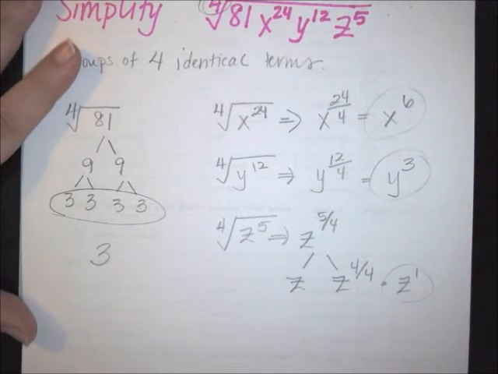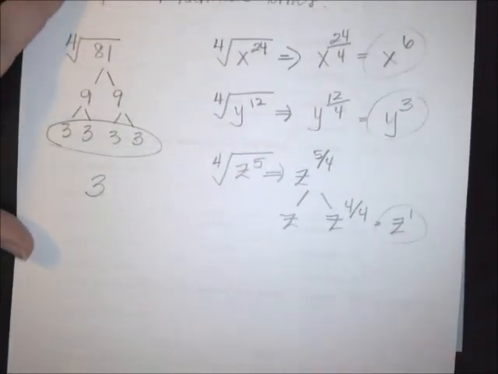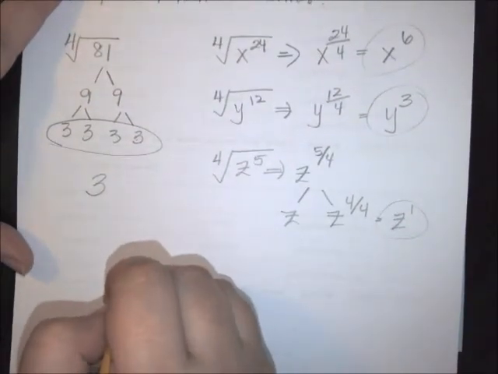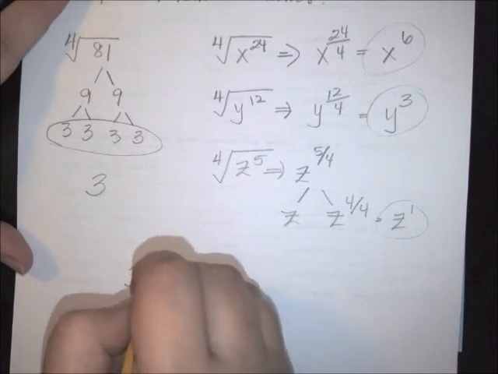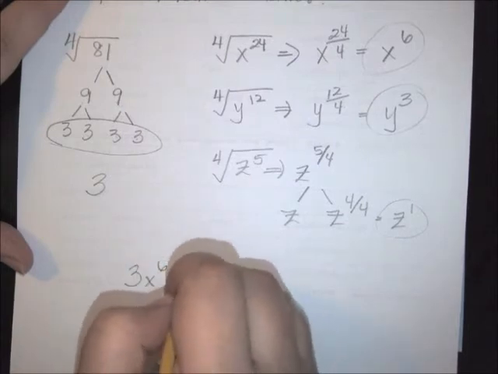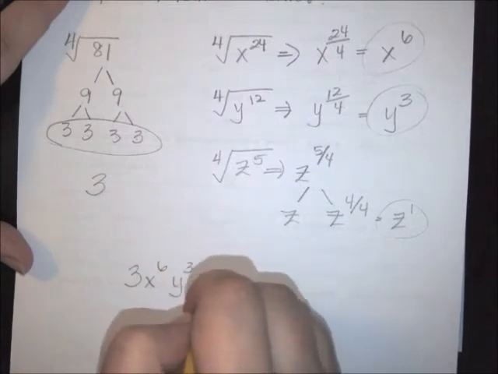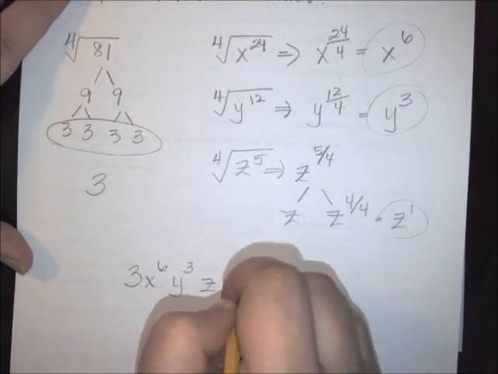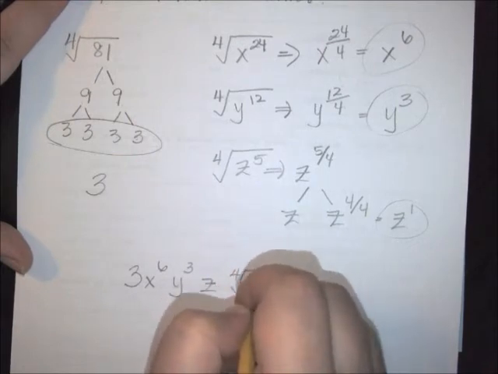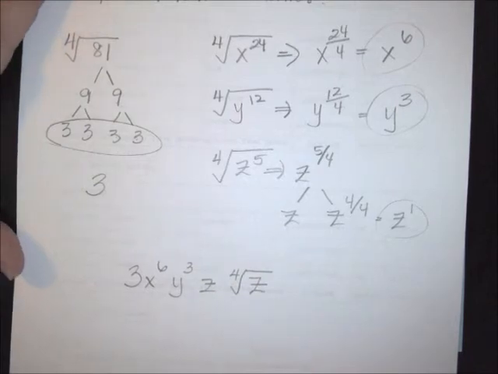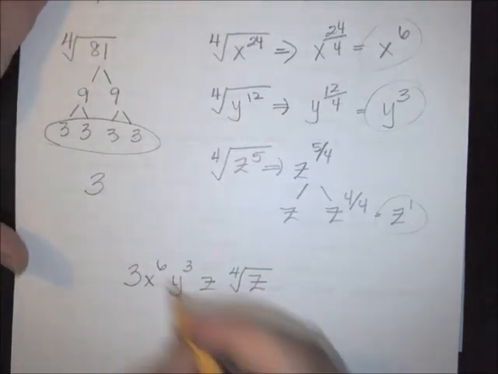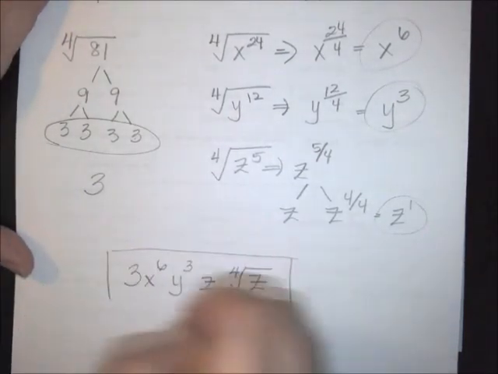So again, what we're left with is 3 x to the 6th, y to the 3rd, z, and then we have the 4th root of z. And this would be your simplified form.